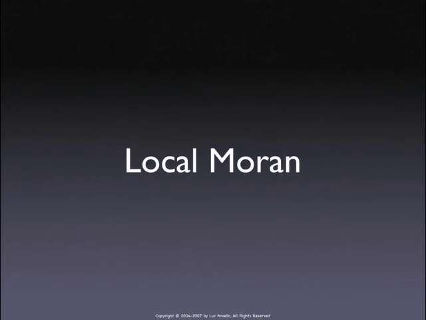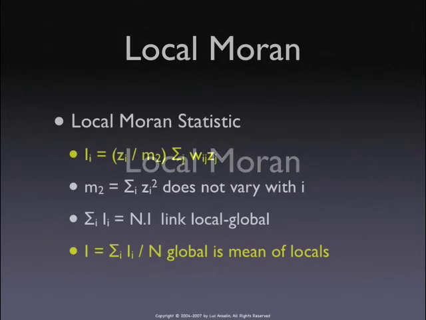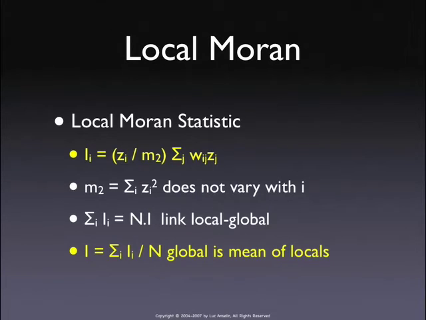Okay, let's focus a little more on the local Moran and what this M is. The important thing about the M, and that's why I wrote it that way in the previous slide, is that there's no index there, meaning it doesn't change with location. It's the same no matter where you are. It's not M of I, it's M. So for location-specific statistics, you can ignore this part, because it's the same for each location.